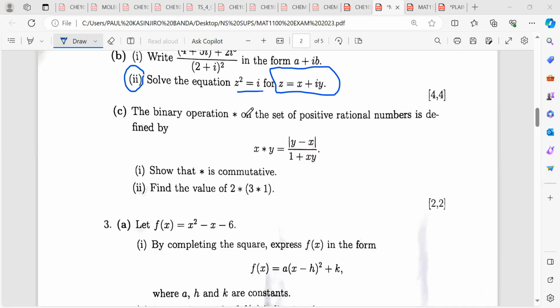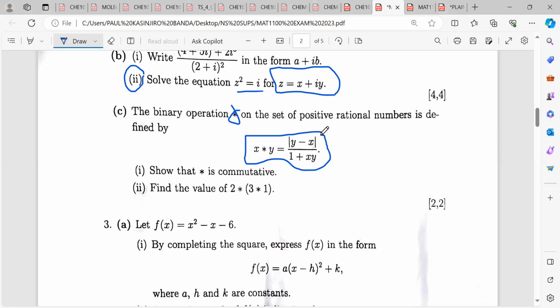Okay, so question C says that the binary operation star on the set of positive rational numbers is defined by, okay, so this is the mathematical definition they have given us.